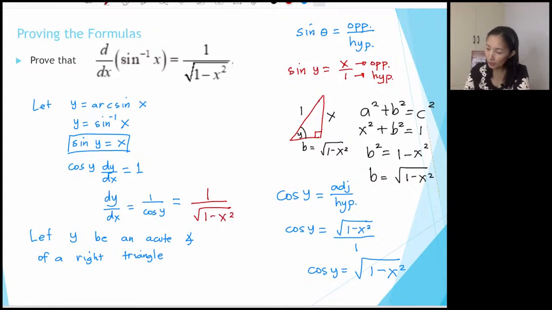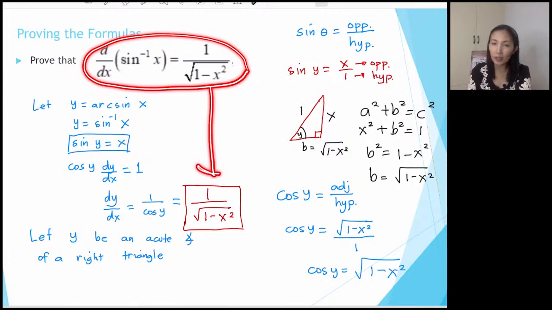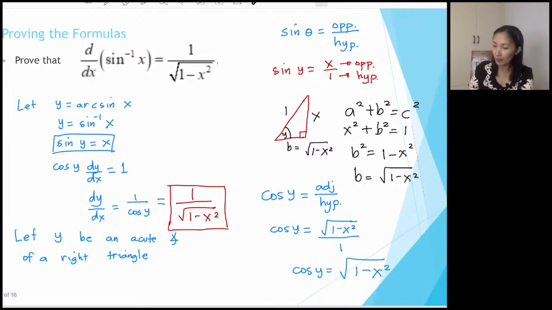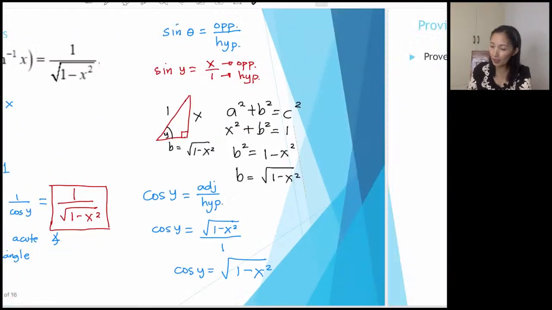This is the formula for arc sine. Were we able to show that derivative? The derivative of arc sine of x is equal to 1 over the square root of 1 minus x squared. Now, before we proceed to proving the rest of the formulas, let's take an application.